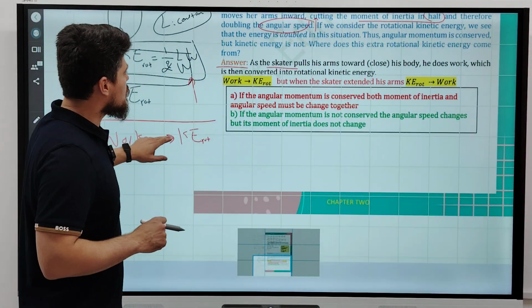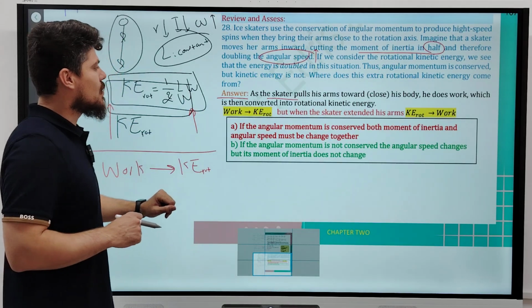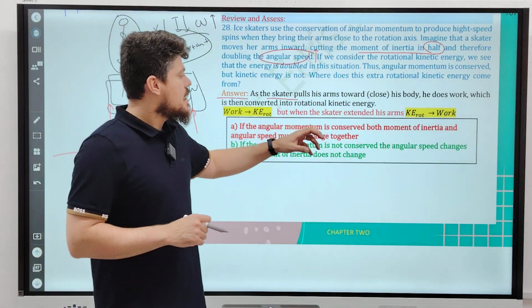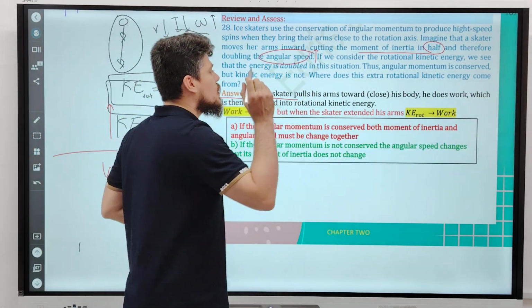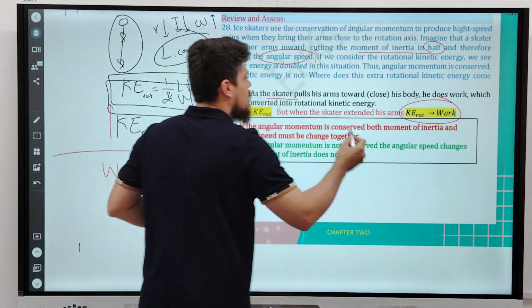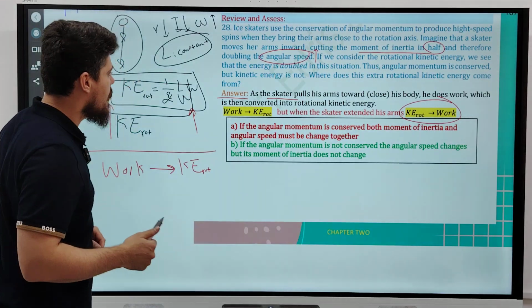But when the skater extends his arms, rotational kinetic energy is converted to work.